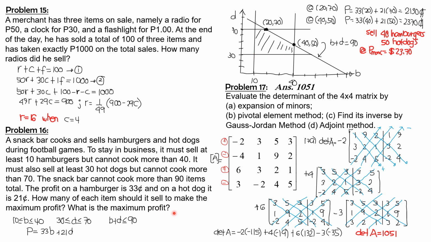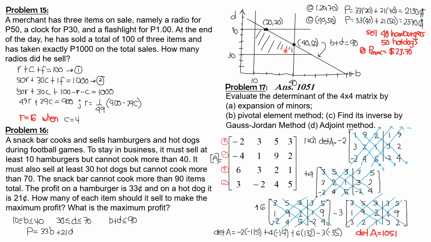But let's reinforce the condition that B plus D is less than or equal to 90. So the graph of B plus D equals 90 is like B over 90 plus D over 90 equals 1. So 90 here, 90 there, and connect with a straight line. So this is now the final figure. The solution would be somewhere in this shaded part.